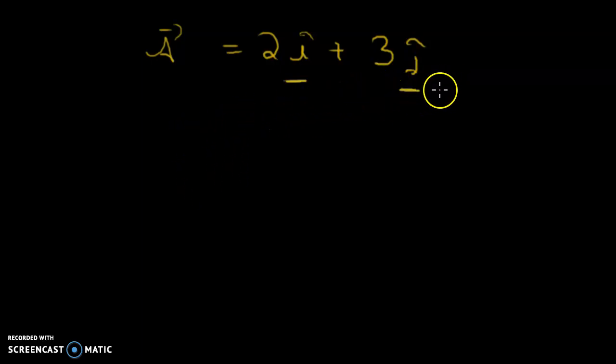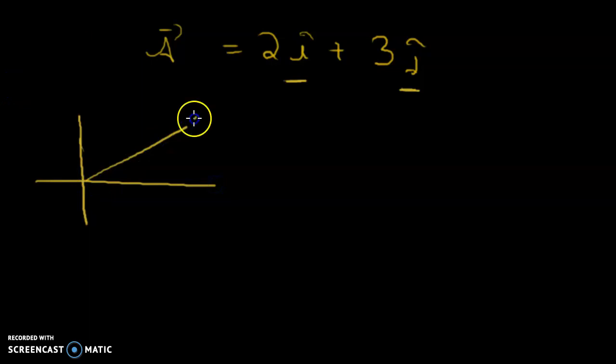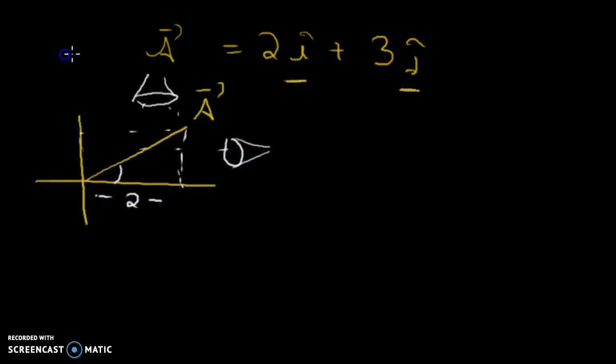So it is actually the resolution of a vector. If I write a vector in unit vector terms, I'm actually resolving the vector. Say this is the vector a, so one component of this in the x-axis would be 2, and one component in the y direction would be 3.